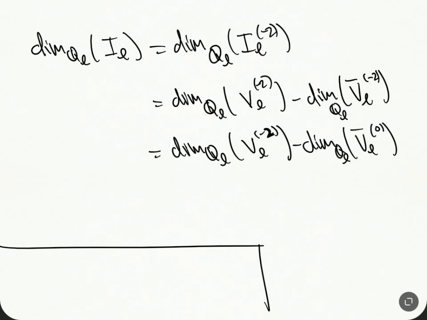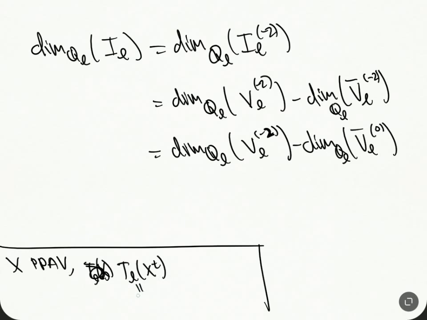So this is really saying that if X is a principally polarized abelian variety, we're going to have that the Tate module, let's do it like this, T_l.